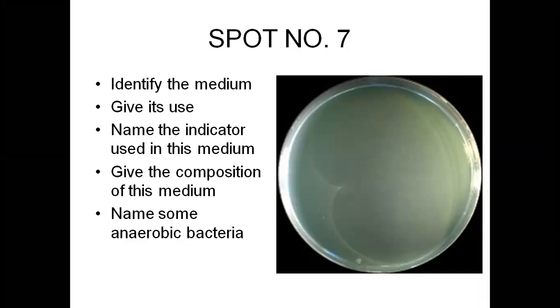So this is a nutrient agar. Give its use: antibiotic sensitivity test. Name the indicator used in this medium. There is no indicator used in a nutrient agar. Give the composition of this medium.